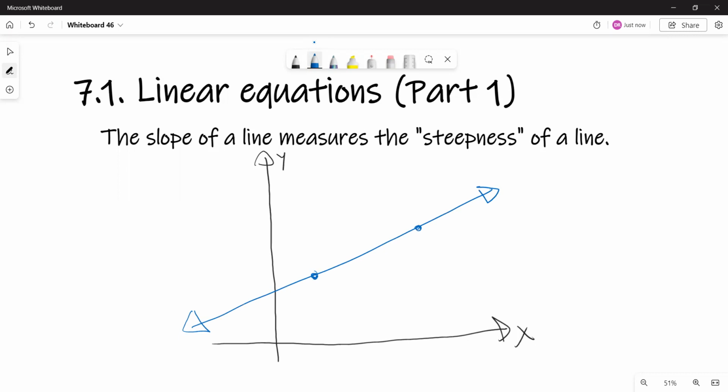The points are x1, y1, and x2, y2. So these are the points on the line, x1, y1, and x2, y2. Okay, so we have the coordinates of these points.